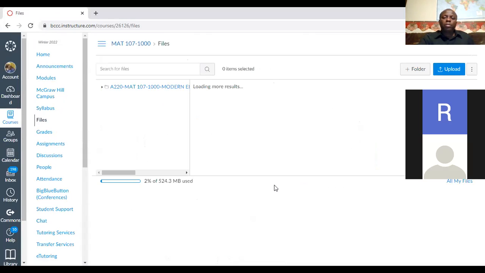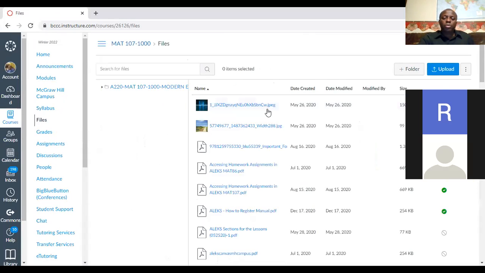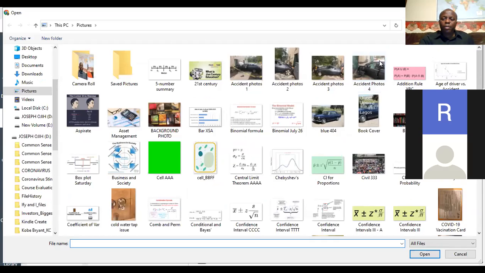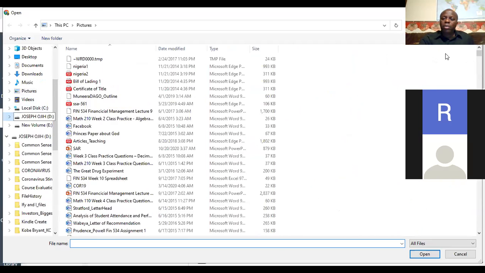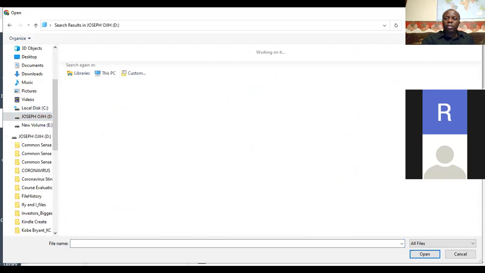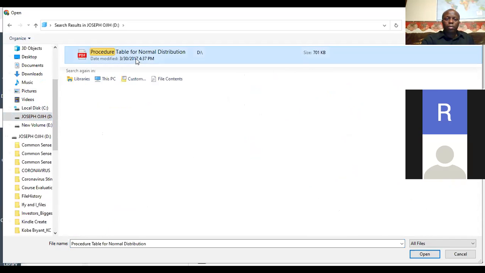Now, for the normal distribution, there are two tables we use. One of them is cumulative. The other one is not. If you know how to use both, you still get the same result. But I encourage you to stick to the one we're using in class so that you won't get confused.